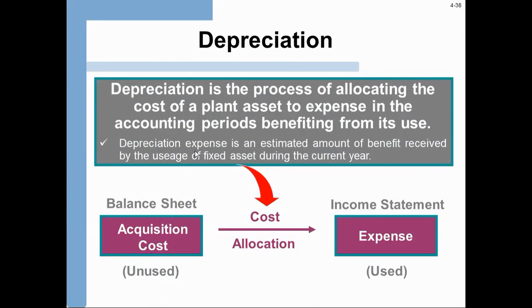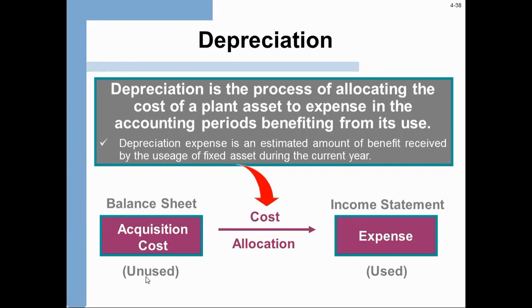In order to calculate the depreciation, you can see over here what we are doing basically: we are recording the cost of the plant in our balance sheet as acquisition cost. When we record it in our balance sheet, we have not used the plant for its useful life yet, but we are recording it as our asset.